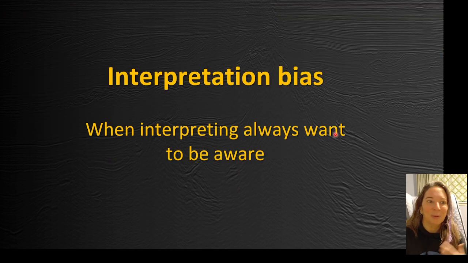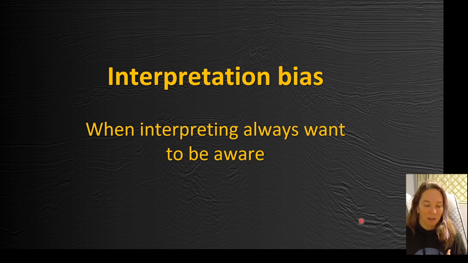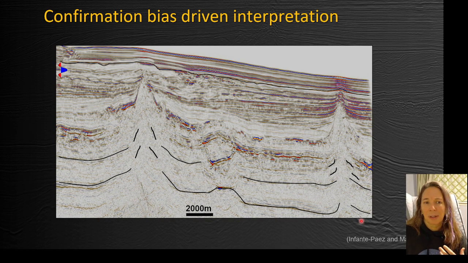One of the things we always want to be aware of is not to put too much interpretational bias into what we're doing. We want to be aware of whether we are considering all the possibilities of what this feature could be. Here's an example of a confirmation bias that we've put together.